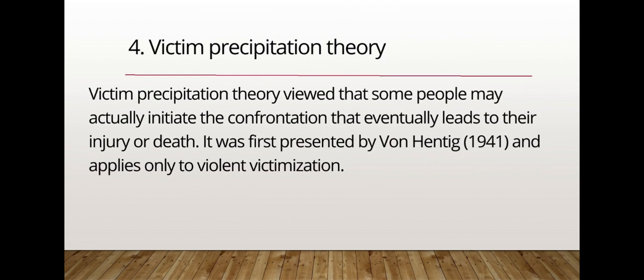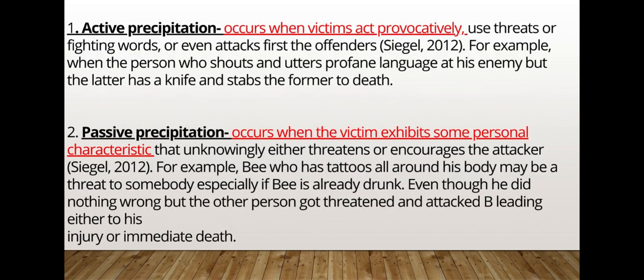Again, dito sa victim precipitations, meron tayong dalawang uri ng precipitations. First, the active precipitations occurs when victim act provocatively. Ibig sabihin, dito, yung isang tao, kaya siya nabiktima kasi siya yung nag-provoke sa isang tao para gawin siya.